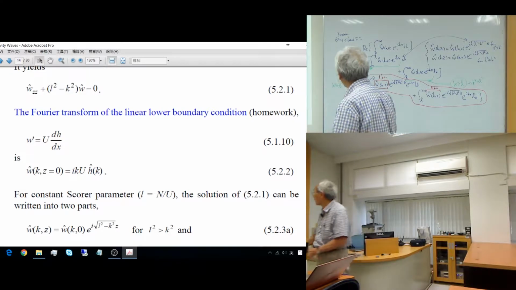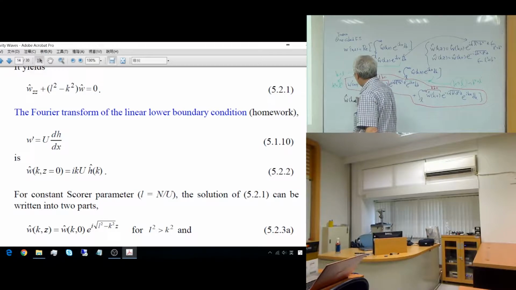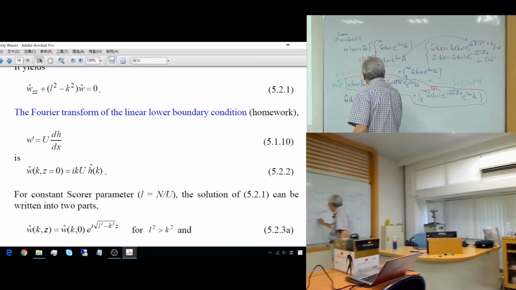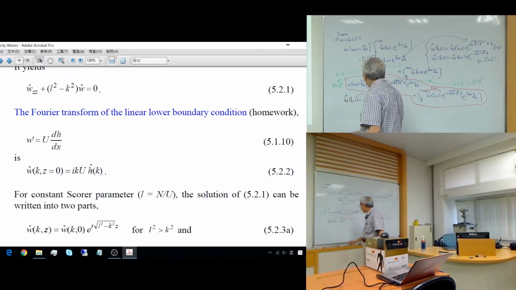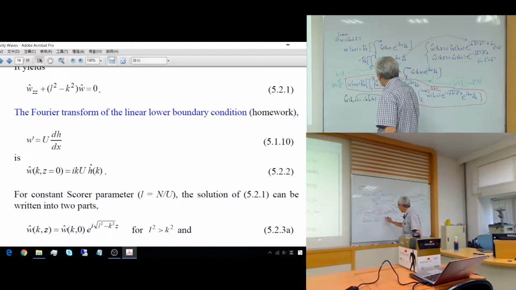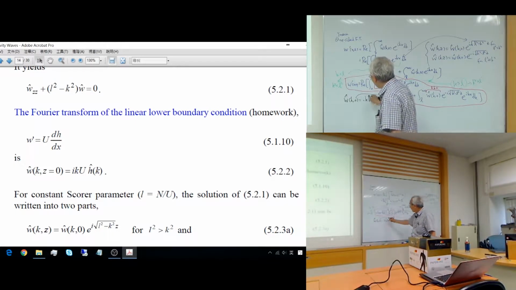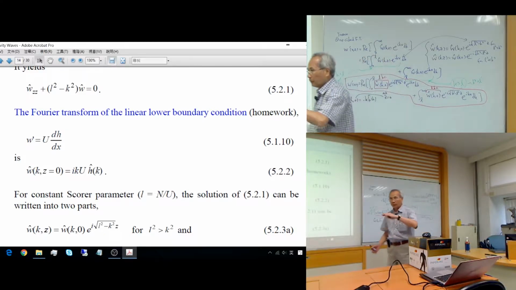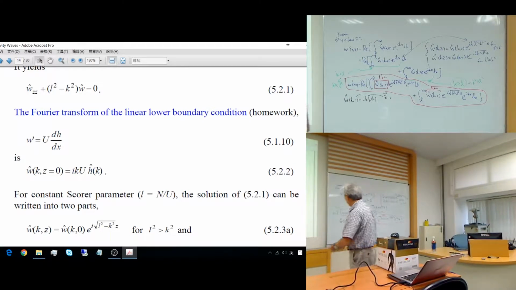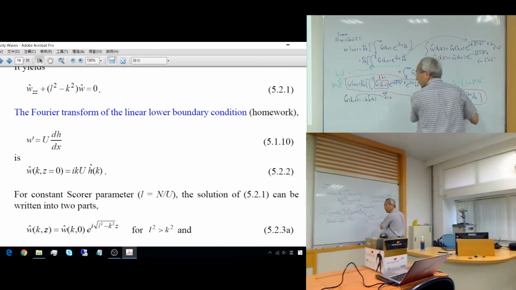That's this. So this 0 means g at 0, that's the low boundary condition. Now, h hat we also have to specify in order to get this solution.